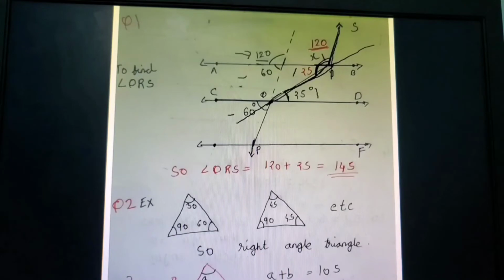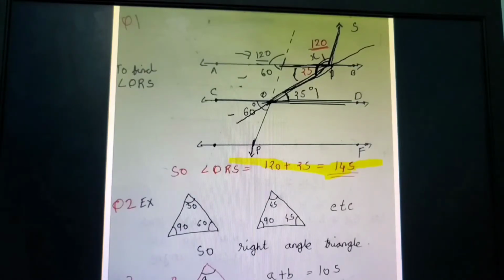The transversal is this line, and these are our parallel lines. Hope you are understanding. This is also making a Z, so we can tell that this is 25. So we just have to add 120 plus 25, so we will get the whole angle as 145, and our answer is 145.